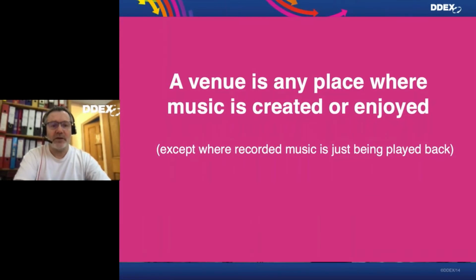Generally speaking, I think it's fair to say that a venue is any place where music is created or enjoyed. With one exception, it's not about where we're sitting at home in our bedrooms and we're listening to music that comes out of a can.